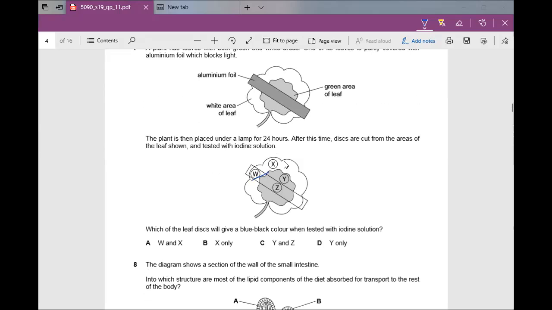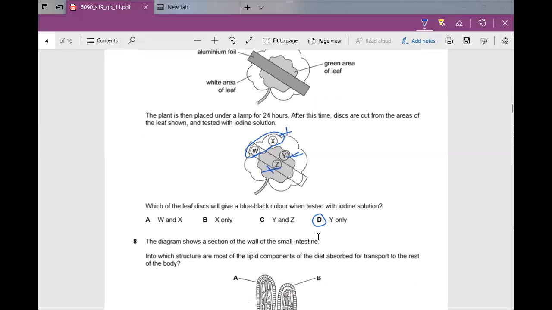These 2 discs from the white area are without chlorophyll, so they will never turn blue-black. This portion covered under the aluminum foil is not receiving light, so it does not give blue-black color. Only Y gives the correct answer. Y gives the blue-black color.